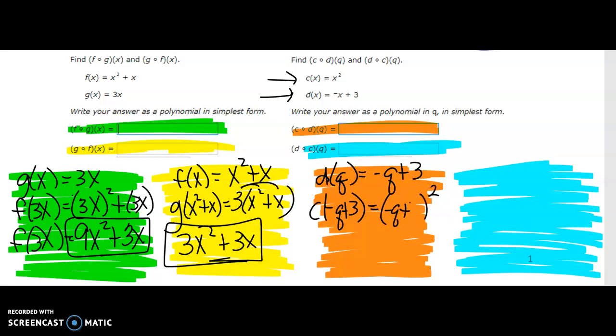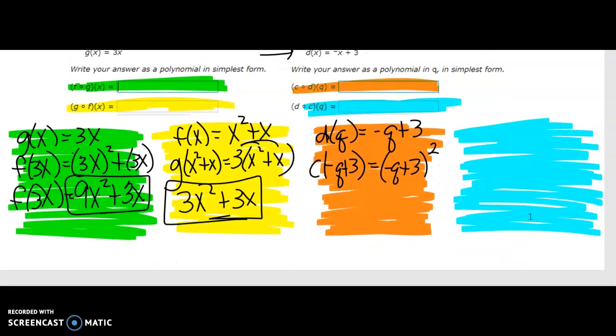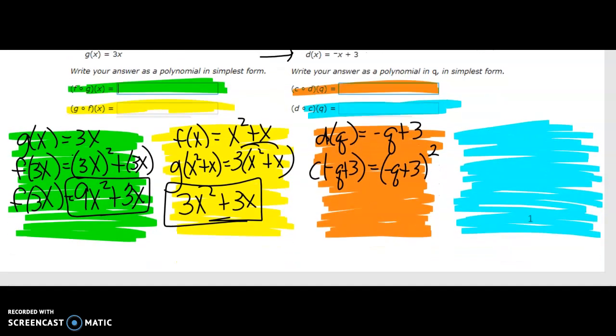So negative q plus 3. And we have to square it, which means I need more room. This is a parentheses with a negative open. Okay, so negative q plus 3 times negative q plus 3. Distribute everything. So negative q times negative q is a positive q squared.